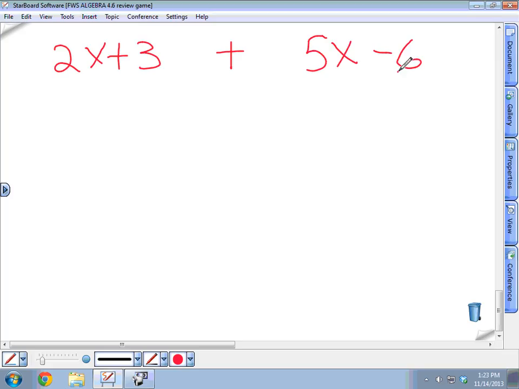How am I going to do that, Maggie? You combine the like terms. You sure do. So you add 2x and 5x, which is 7x. And then you add 3 and 9, which would be 7x minus 3. And then they want you to subtract them.